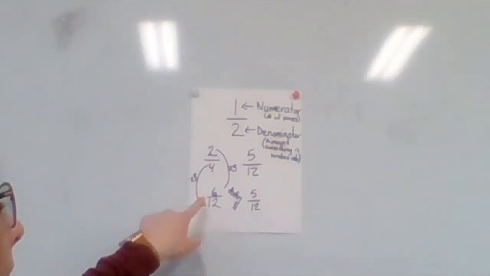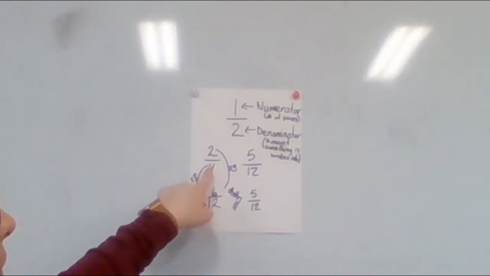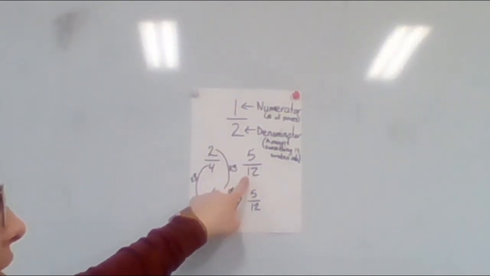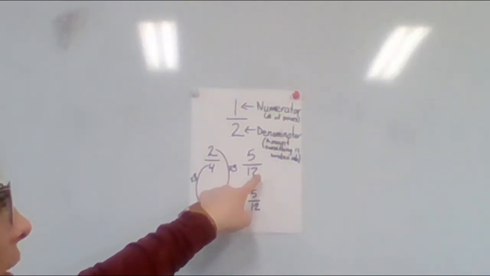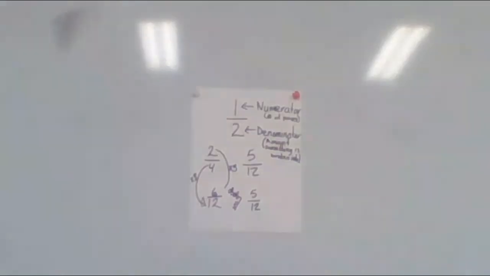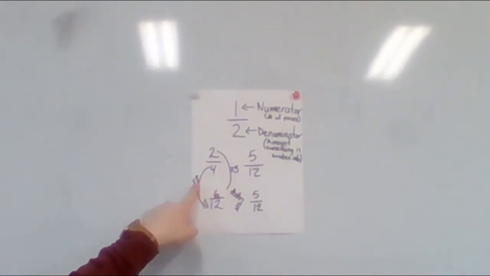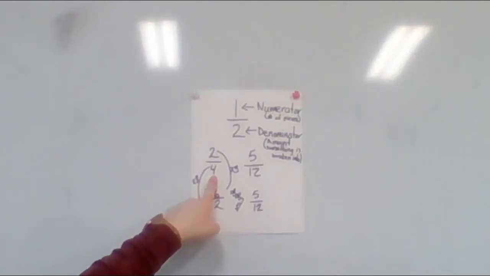Now, we need to figure out how we can get 2/4 into the same denominator, or amount something is broken into, as this one. So how much greater is 12 than 4? Well, we know that 4 times 3 equals 12. So if you multiply the denominator by 3, you'll get 12.